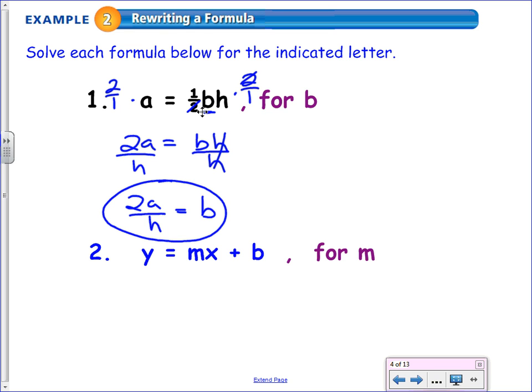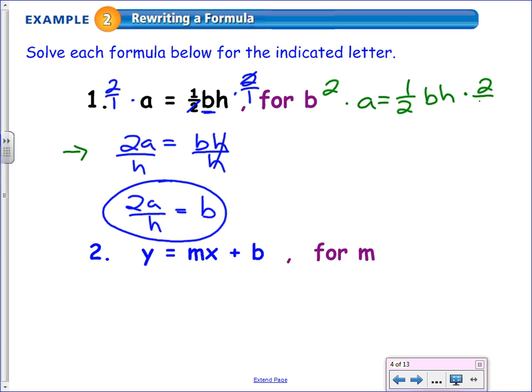Now, for those of you that are a little bit more advanced, you could use a different method. It's just going to give you the exact same answer. So again, let me rewrite my equation. I have A equals 1/2 base times height. So you saw that I multiplied by the reciprocal. So if I multiply both sides by the reciprocal to get rid of this 1/2, I multiply by 2. But then, if you look at my next step, I divide by an h.